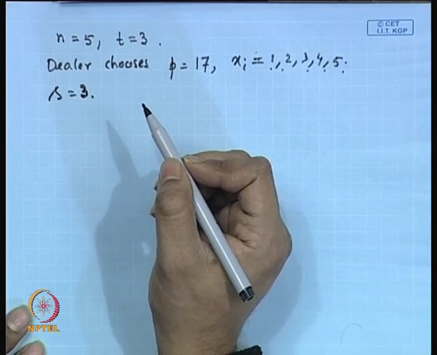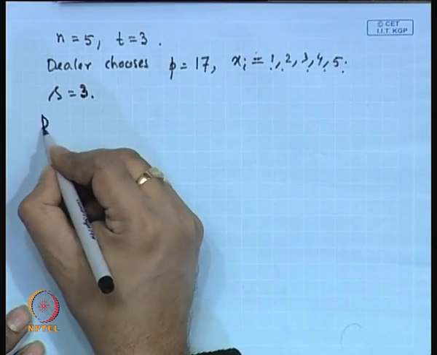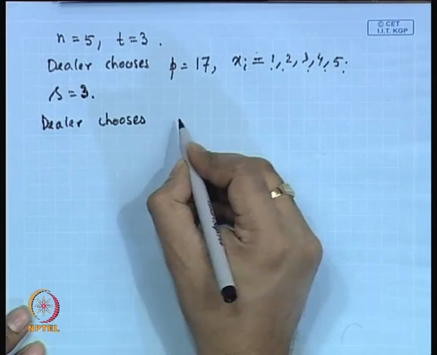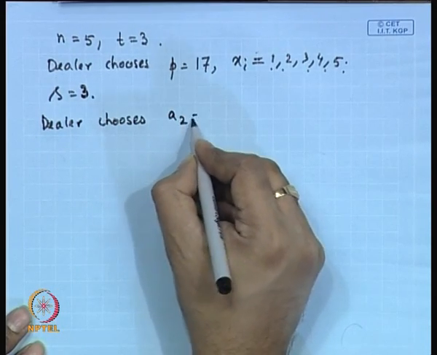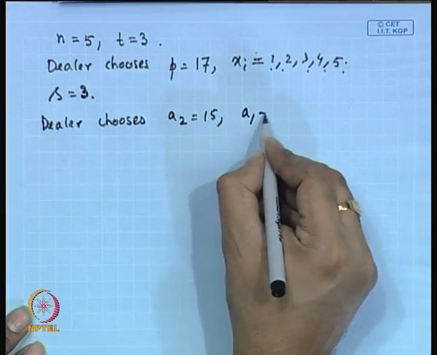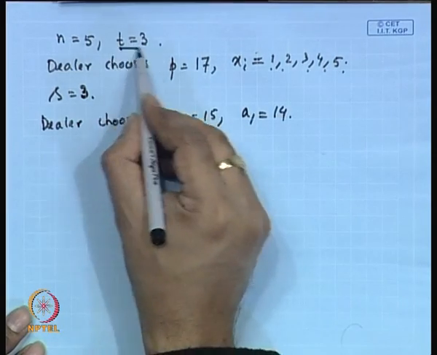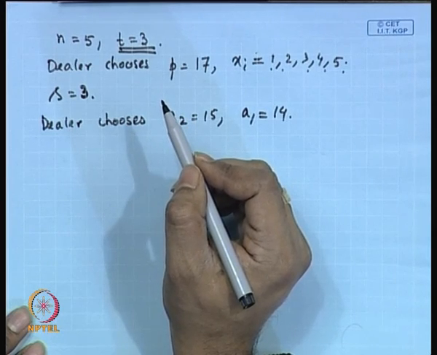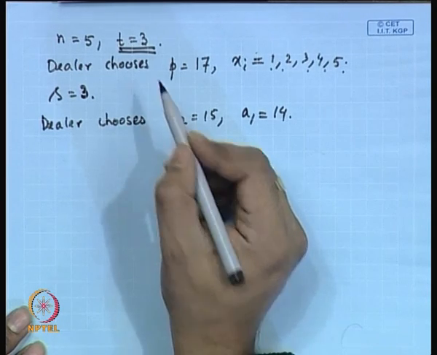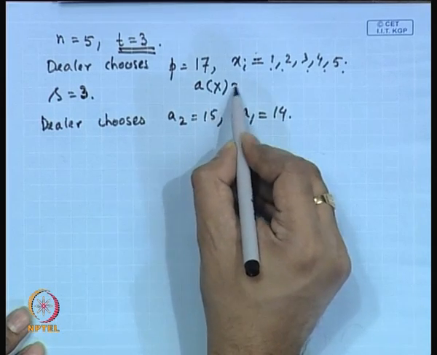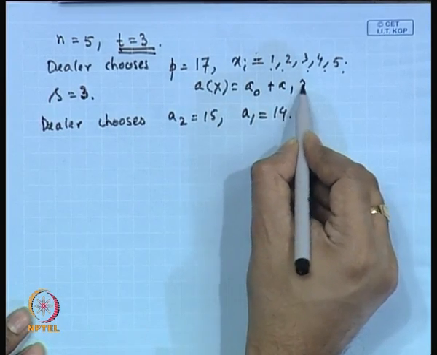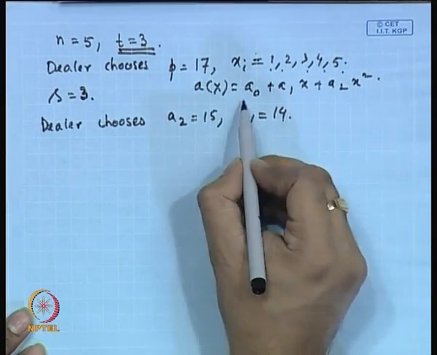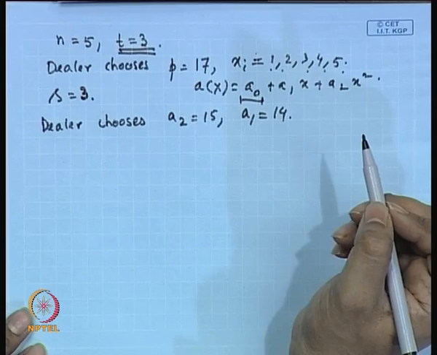The dealer secretly chooses the coefficients, say a2 is equal to 15 and a1 is equal to 14. Note that since t is equal to 3, the degree of the polynomial is t minus 1, so it is 2. Therefore the polynomial will be a0 plus a1x plus a2x square, and a0 is the secret.